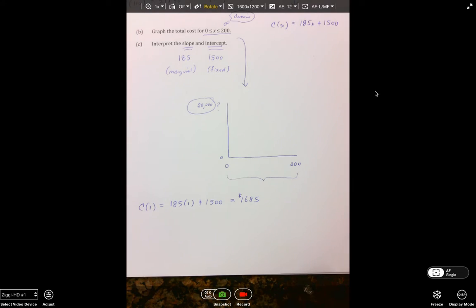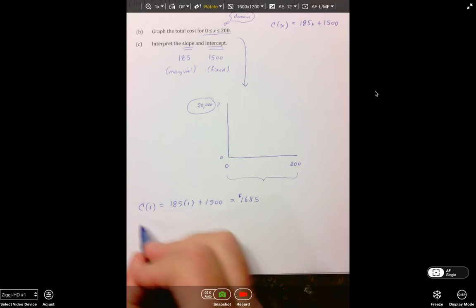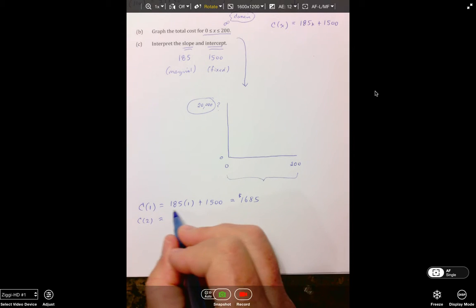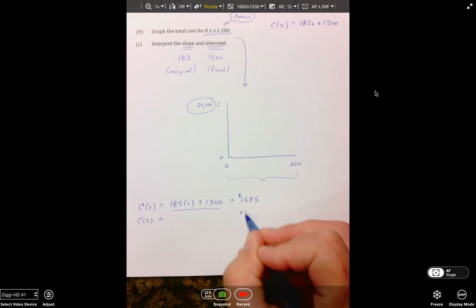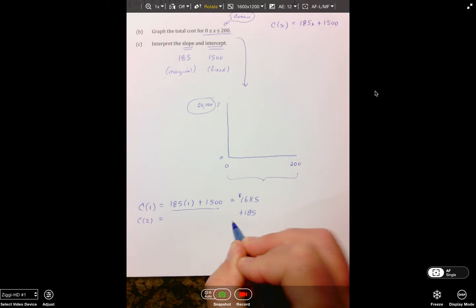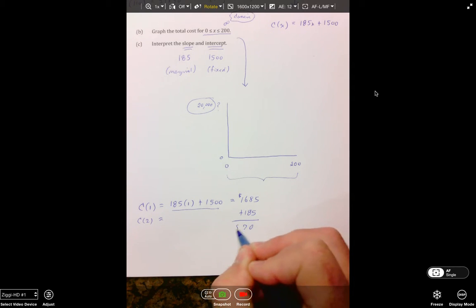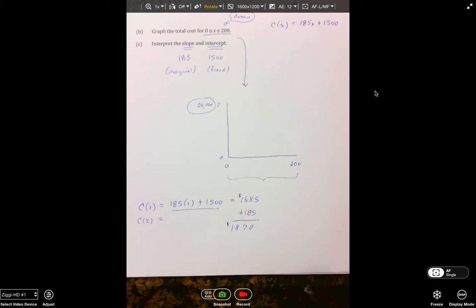So we have a value $1,685, which is $185 more than it cost to open the door. C of 2. I don't really even need to do this because I know it's going to be $185 more than this. So I know it's going to be $1,870.